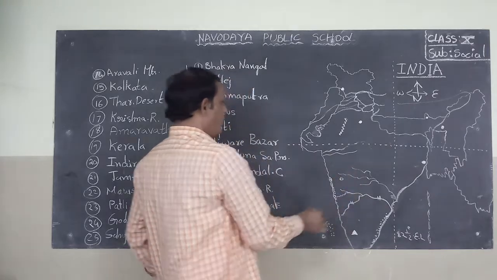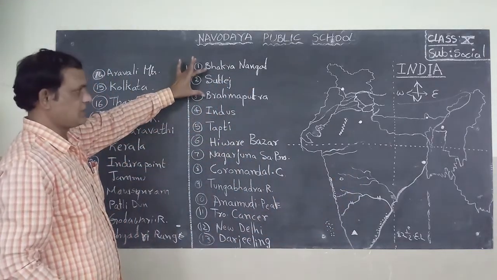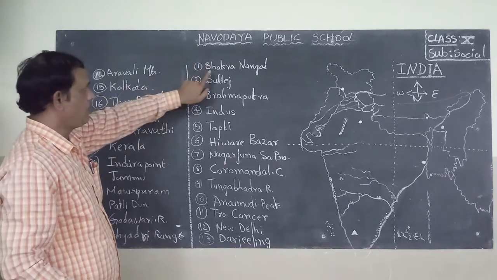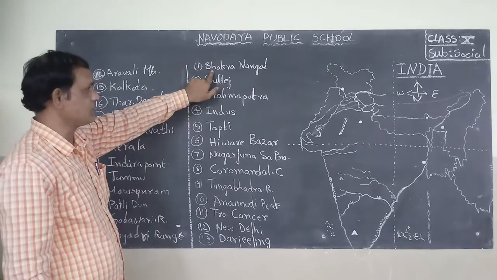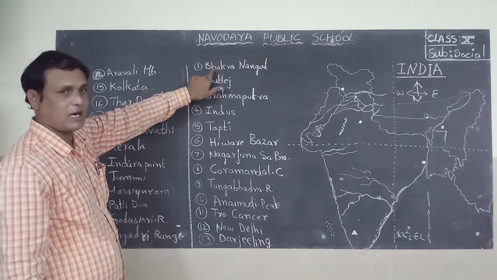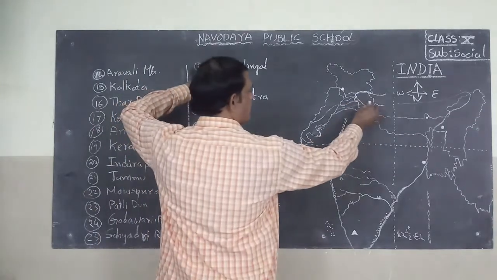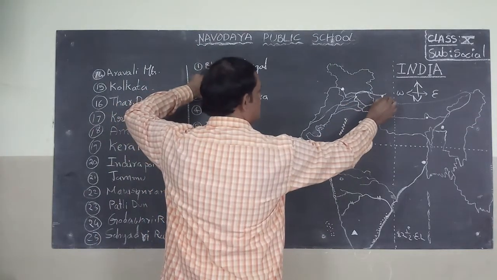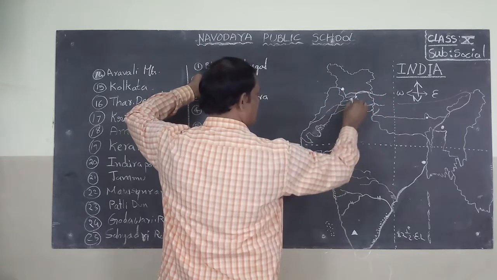Now I want to read some index items, that means locations. Bhakra Nangal project. Where is the Bhakra Nangal project located? Look, students, this is the Indus River.